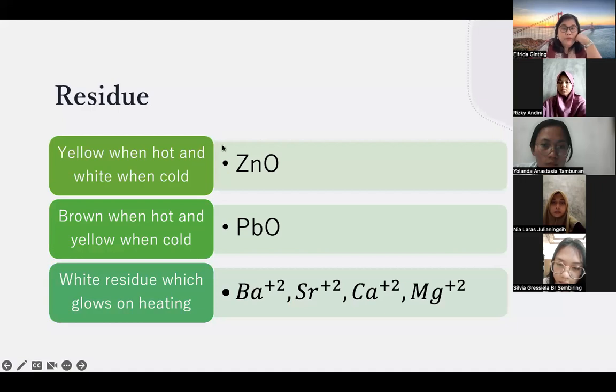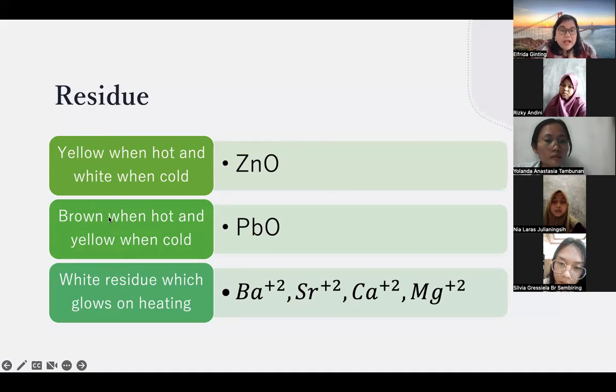Now, residue. If you have zinc oxide, when you heat it, the color will be yellow, but when it's cold, the color will be white. For lead oxide, there is also a different color.